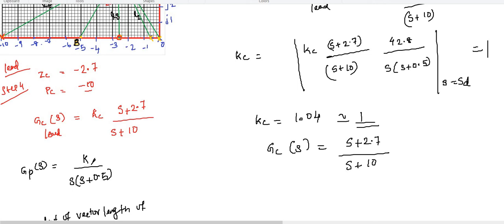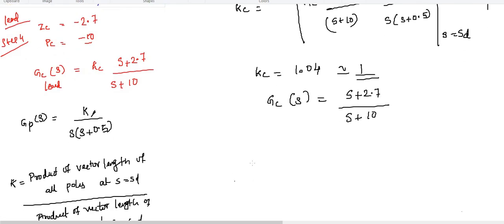But we also have a steady state specification, the velocity error constant, which is given in the question as 80 per second. Now we have to check whether that steady state specification is satisfied.